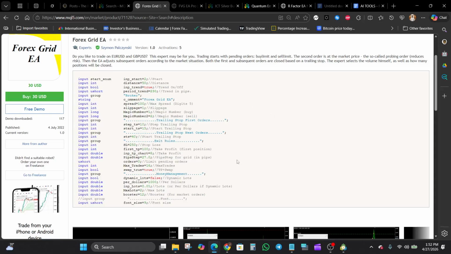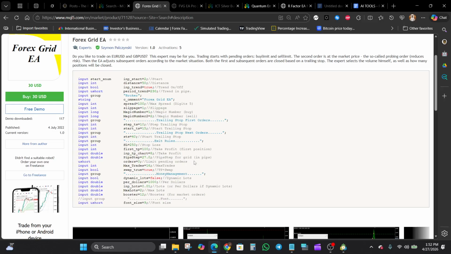Now, in terms of exits, the EA relies heavily on trailing stops, both for the initial trade and for subsequent grid positions. So instead of fixed take profits across the board, it allows trades to ride momentum, locking in profit as price moves. There is also a basket style logic, where multiple positions can be managed and closed collectively depending on profit conditions.